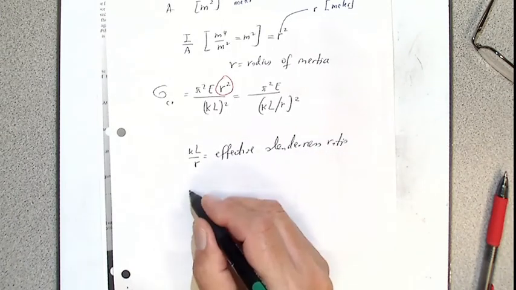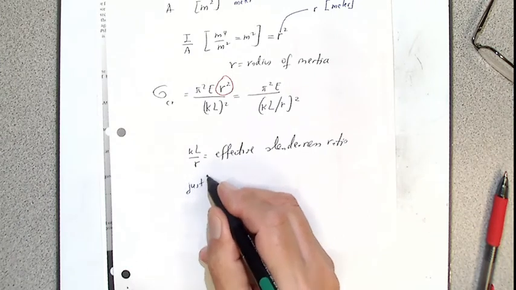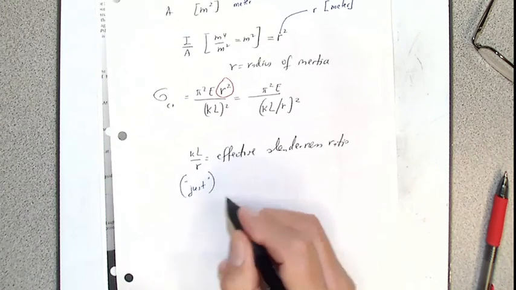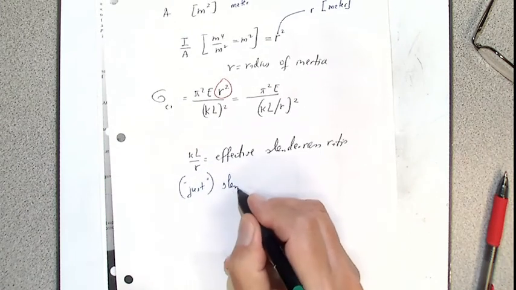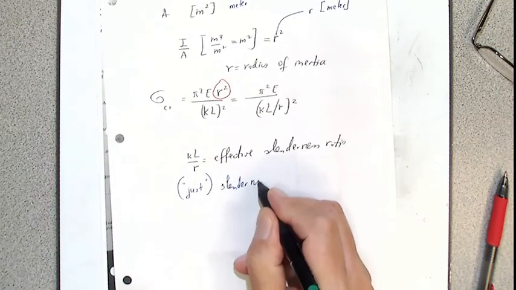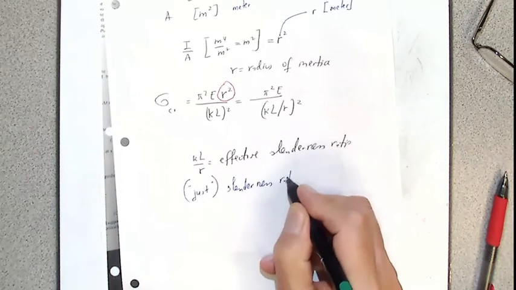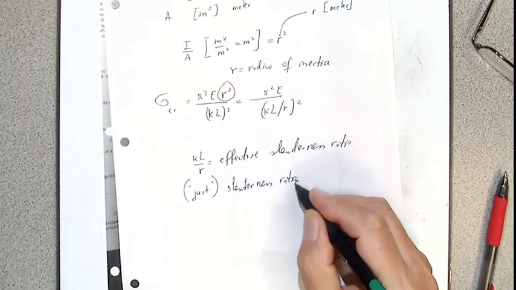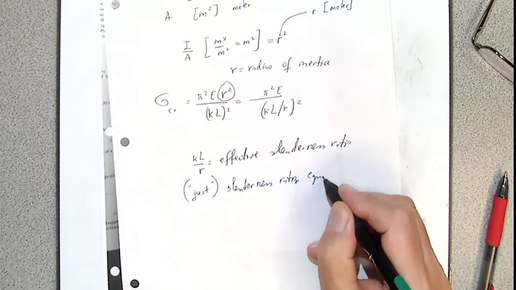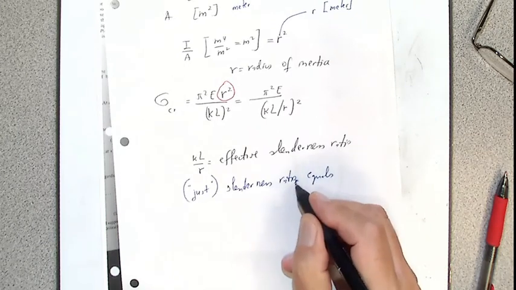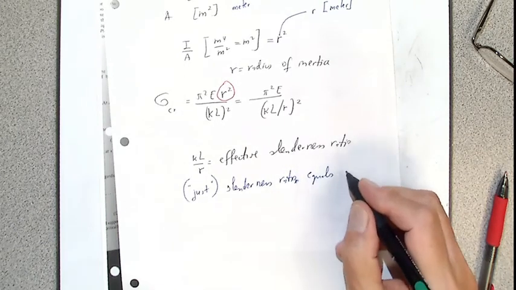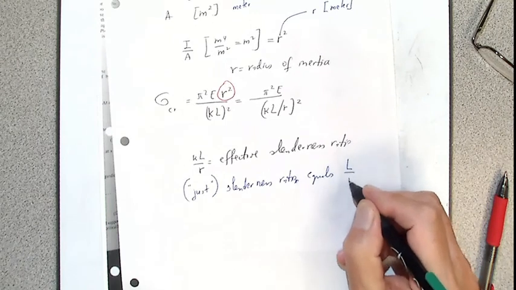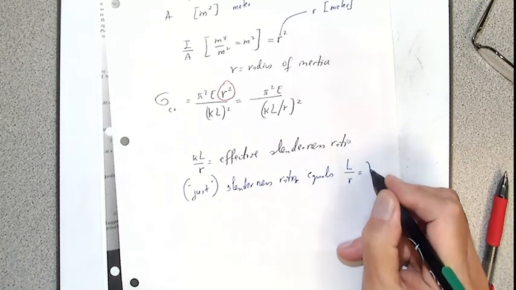And just slenderness ratio, not effective, equals L divided by r, and is denoted usually as lambda.